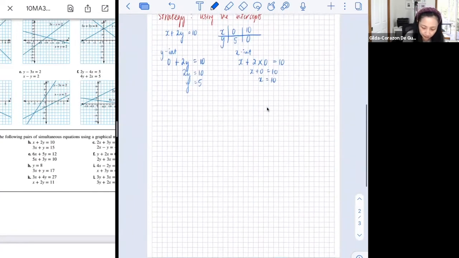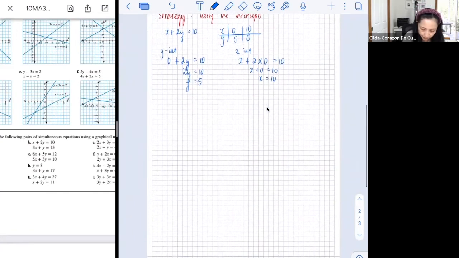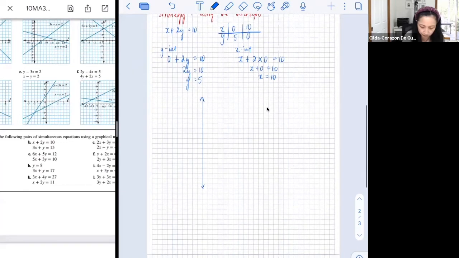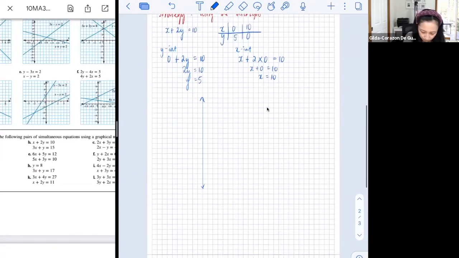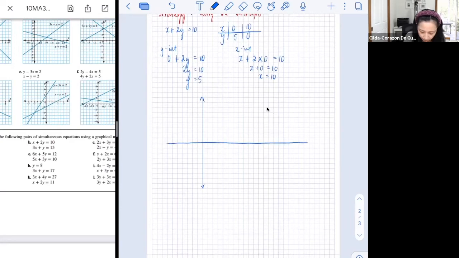You would be drawing again a Cartesian plane. I'm just thinking of how many points I need. I need 10 over there. So I've got 0, 5: 1, 2, 3, 4, 5.